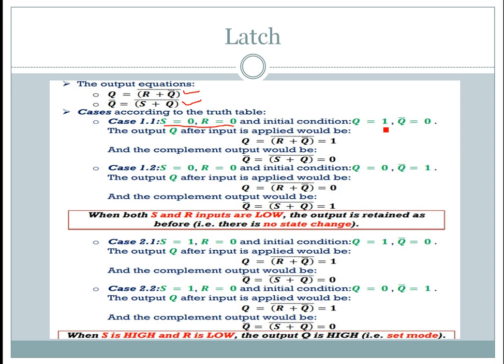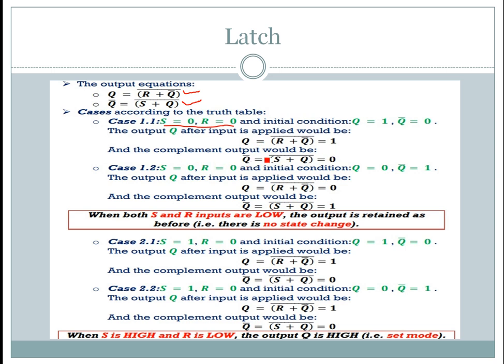I am considering Q equal to 1, and of course Q bar becomes 0 because it's the complement of Q. Let's see what the next state value will be. The Q expression is (R plus Q bar) whole bar. Here the R value is 0 and the Q bar value is 0. So 0 plus 0 is 0, and 0 whole bar becomes 1. So now Q becomes 1.